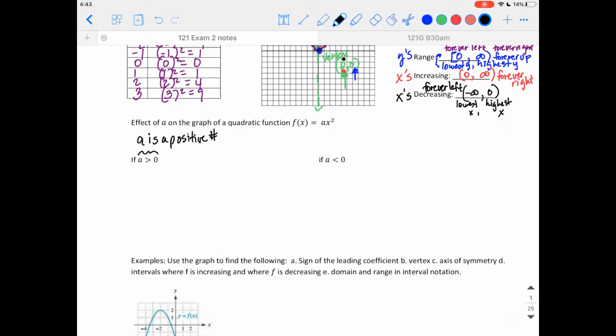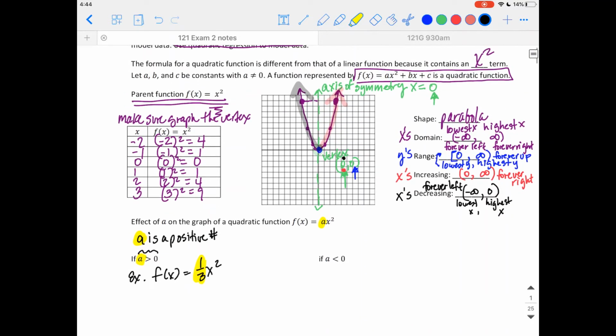For example, if I have f of x is equal to 1/3 x squared, well, the a is going to be this. This a is the leading coefficient. And here I have 1/3 in front of x squared, being multiplied.